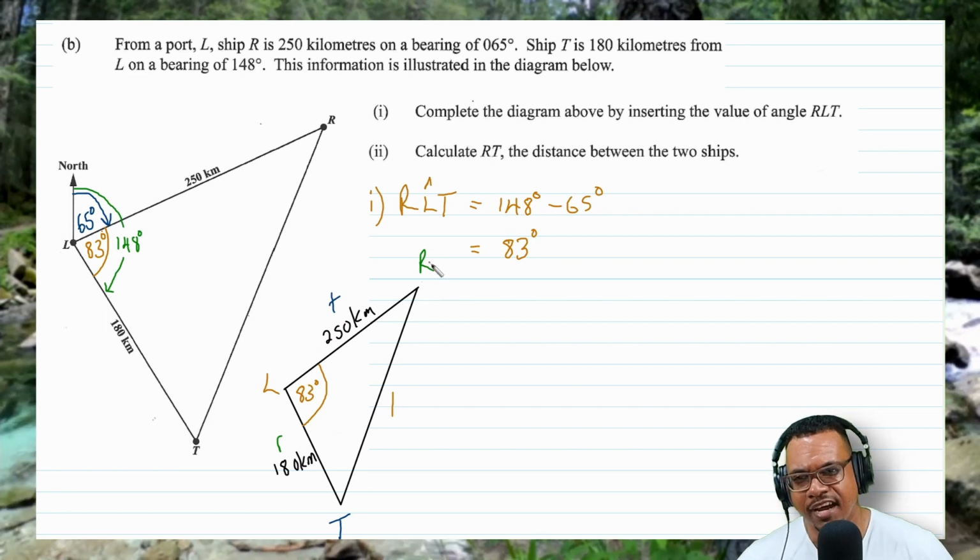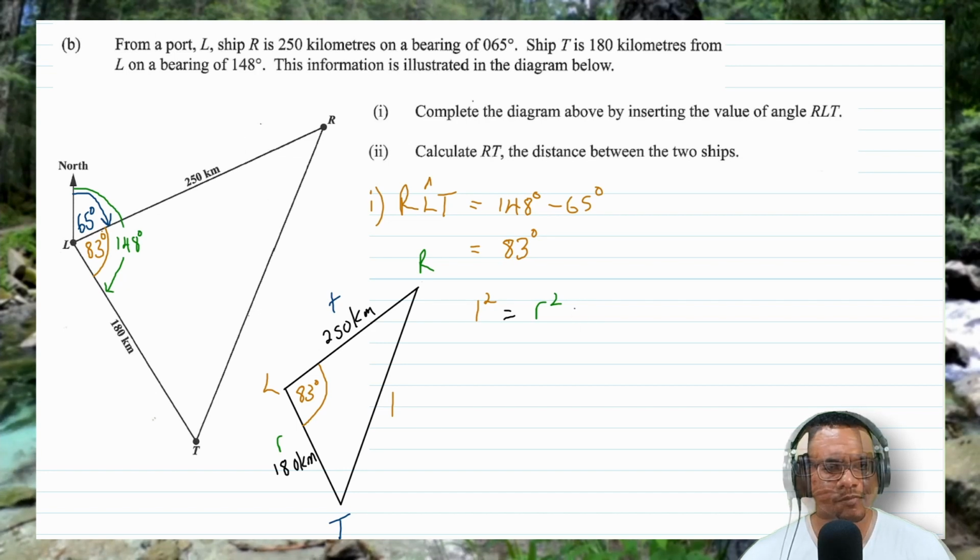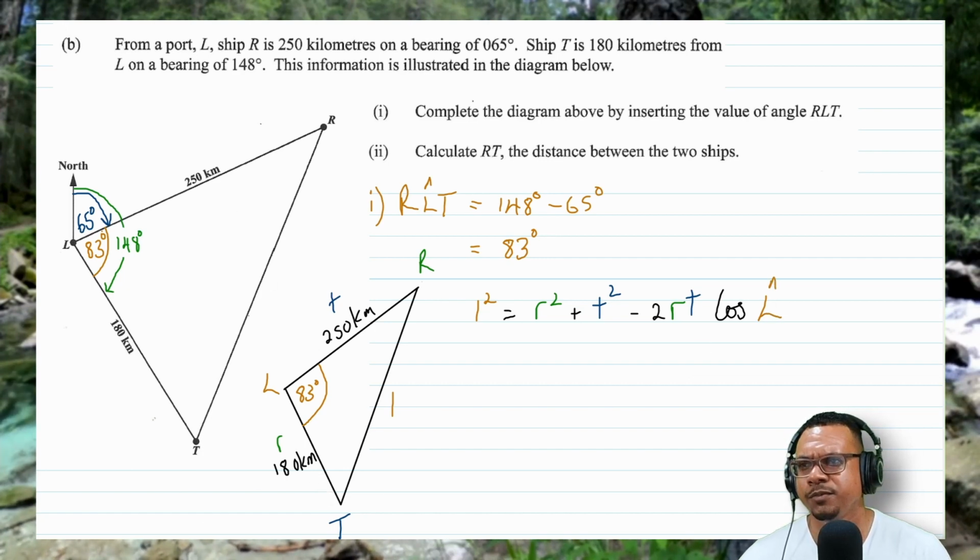And seeing that I want to find RT, and that's common L, it means I have to start the cosine rule with L and end with capital L. So I'll have common L squared is equal to R squared plus T squared, take away 2RT cosine angle L. All right, so let's put in the values there now. So we know that side L is RT.